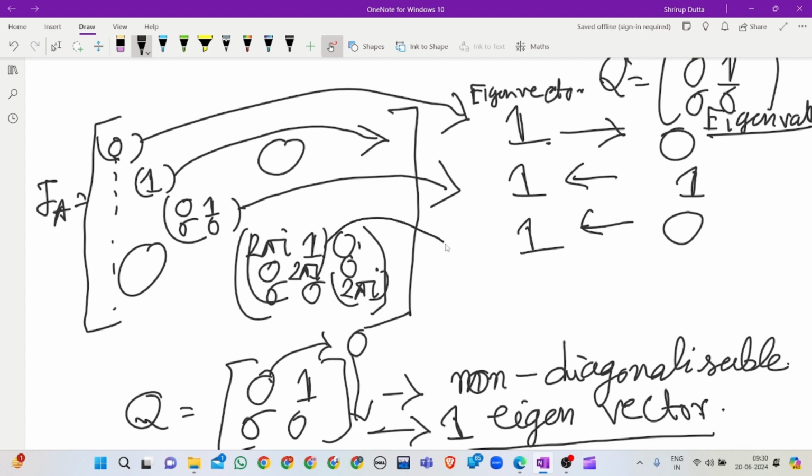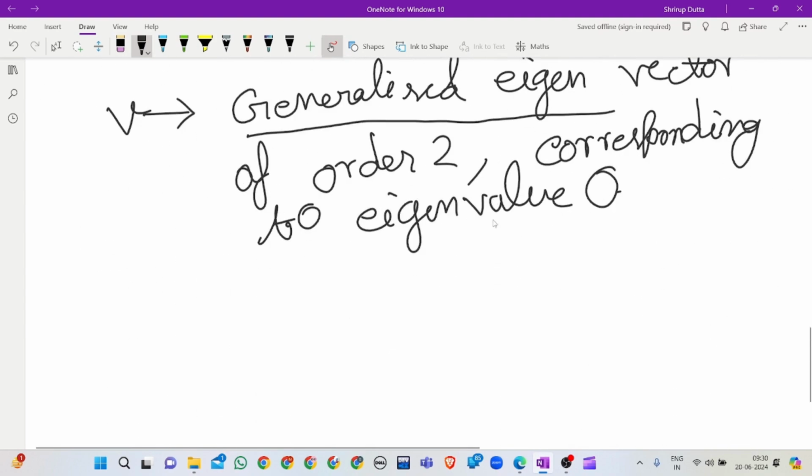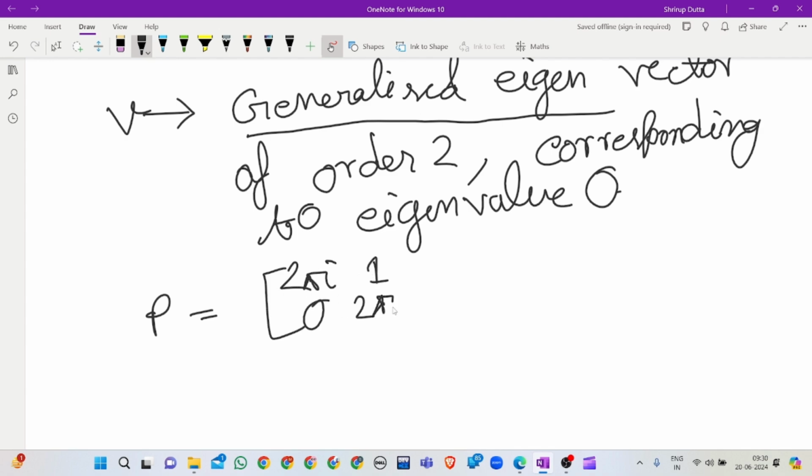Again, corresponding to eigenvalue 2 pi i, we will get 1 eigenvector, since that matrix P is 2 pi i, 1, 0, 2 pi i.